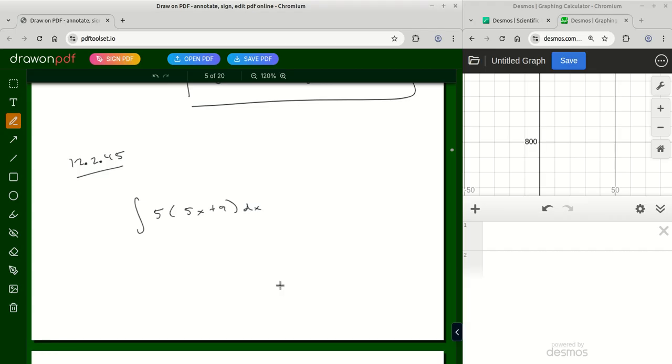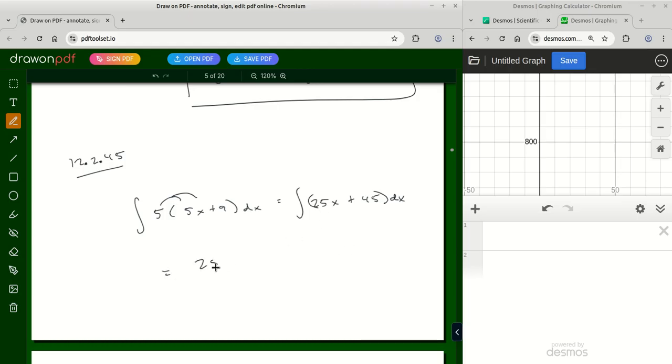Timeout. Let's just say that I wanted to do this in 12.1 without this whole U sub stuff that I've been showing you, right? Bro, this is not hard. Distribute, right? And so then you got a 25x plus 45. Bro, I got that. It's not a big deal, right?